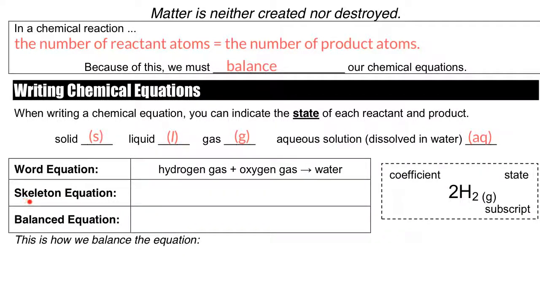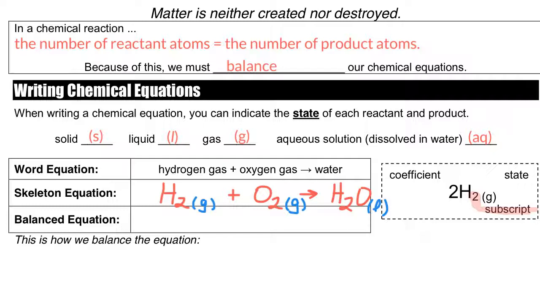A skeleton equation, on the other hand, actually shows the chemical formulas of the substances. So hydrogen is H2, oxygen is O2, and water is H2O. And we can indicate the state of each chemical. So I have hydrogen gas, oxygen gas, and liquid water. That's how I write my L's, just so you know, so that it doesn't look like a 1.